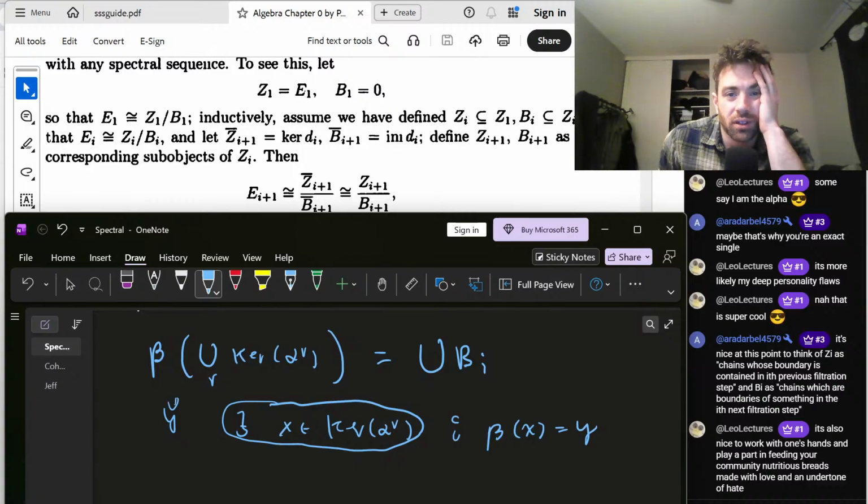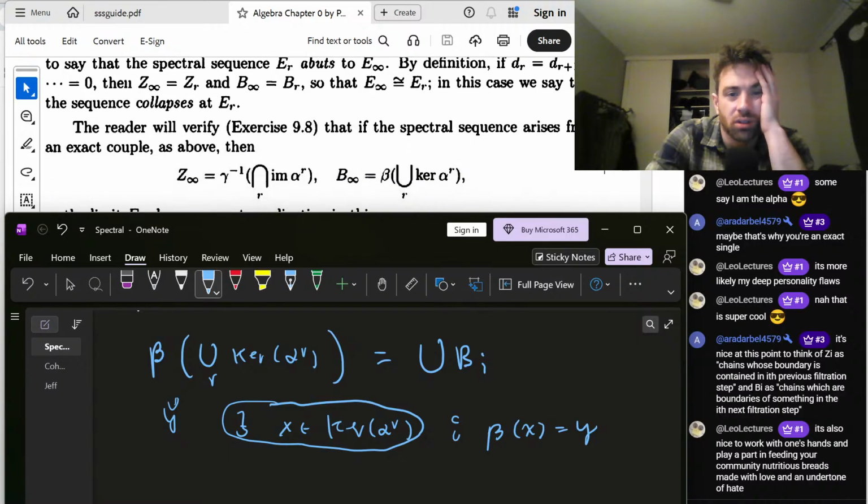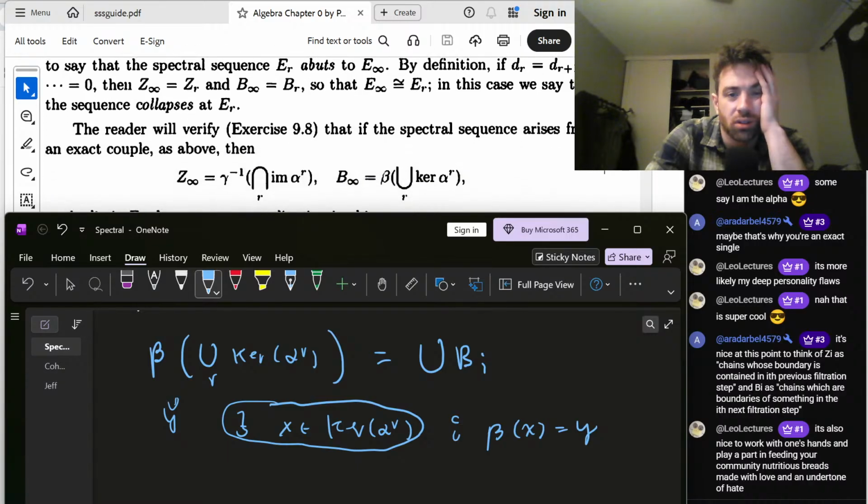Yeah, I guess if we think, no, wait. The kernels? Well, if X is in the kernel of that, then 0 is alpha R of X.